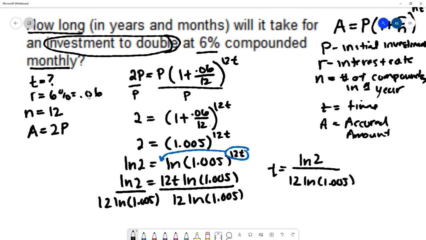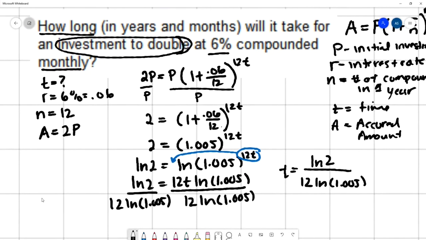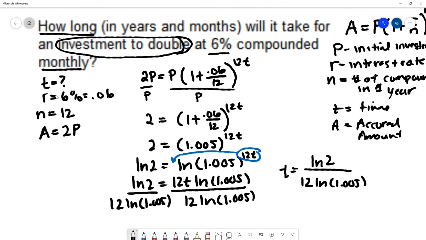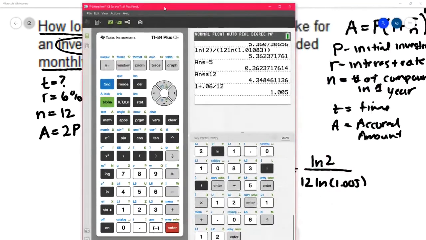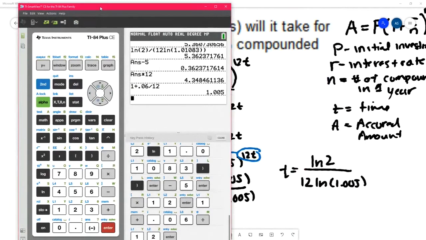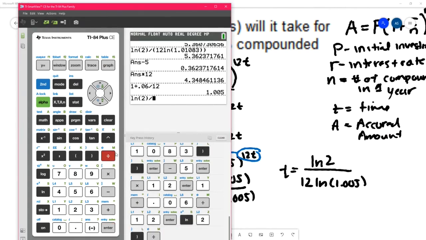So then we need to put it in our calculator to get an approximate value. When we put it in our calculator, it has to know what is in the numerator and denominator. In the numerator here, I only have one term, and that is natural log of 2. So I don't need any extra parentheses there.